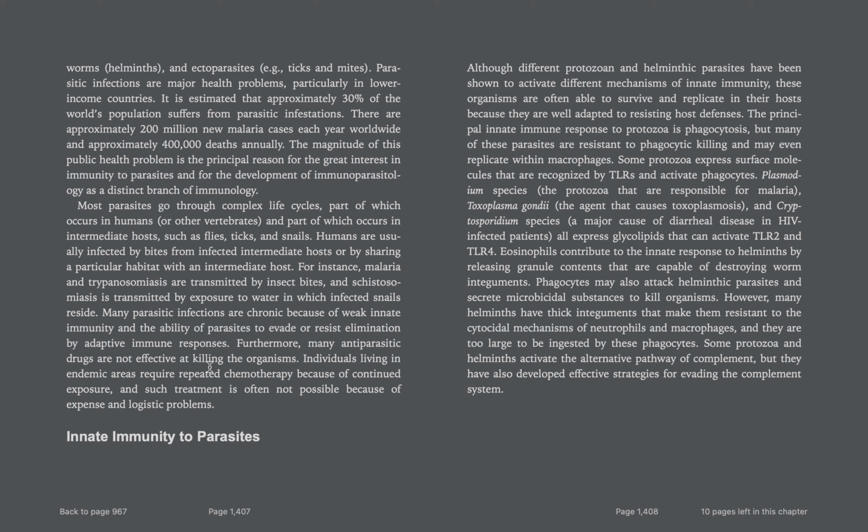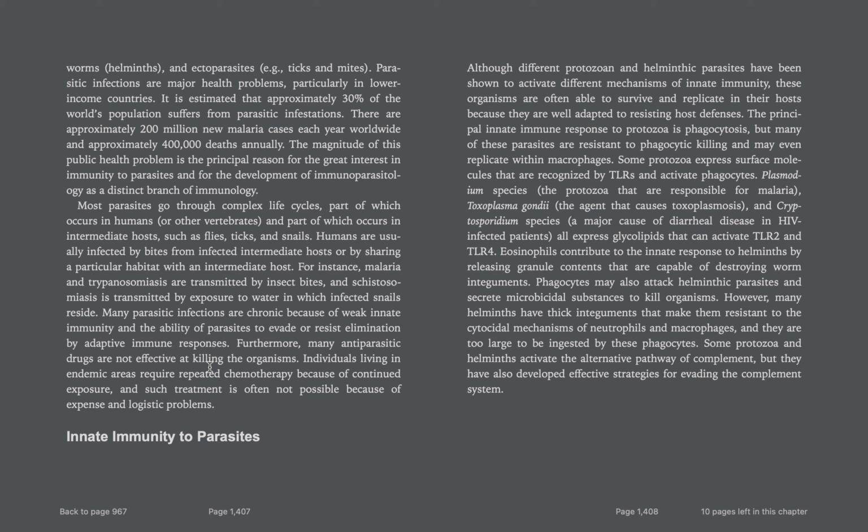Eosinophils contribute to the innate response to helminths by releasing granule contents that are capable of destroying worm integuments. Phagocytes may also attack helminth parasites and secrete microbicidal substances to kill the organism.